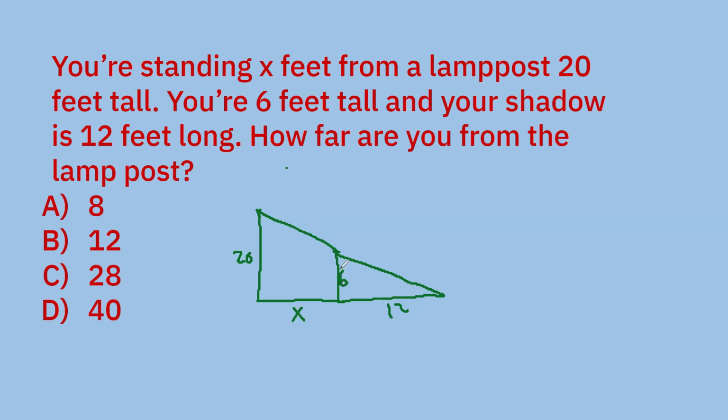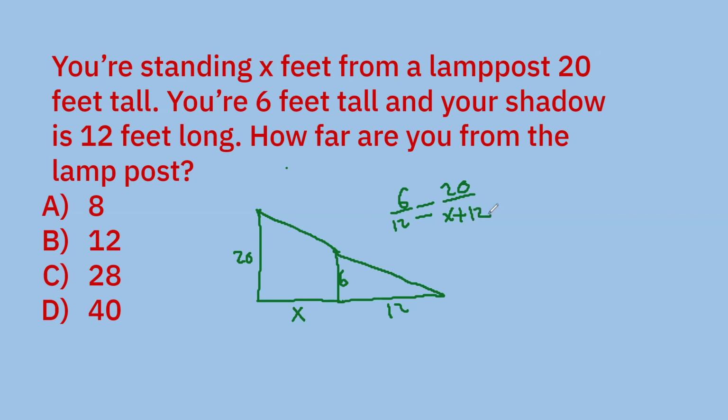This side, the 6, is to 12, what 20 is to the whole bottom. So what you could do is 6 over 12 equals 20 over X plus 12. And then you can cross multiply and solve.